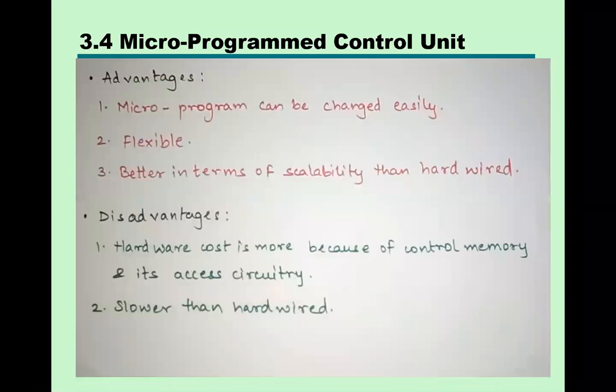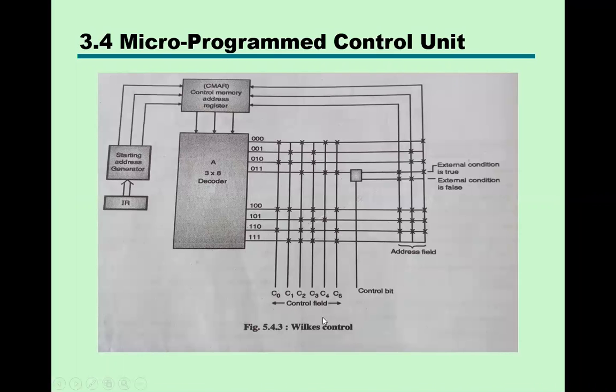Now, in the exam, you may be asked about the Wilkes control. In Wilkes control, you have to remember this diagram. This Wilkes model is called the Wilkes microprogrammed control unit.